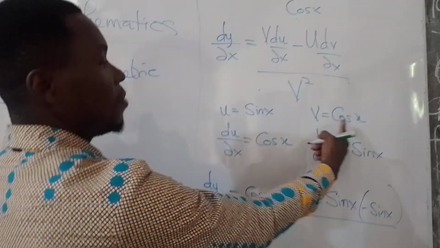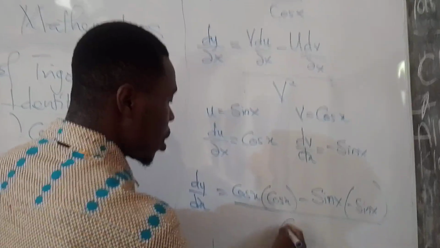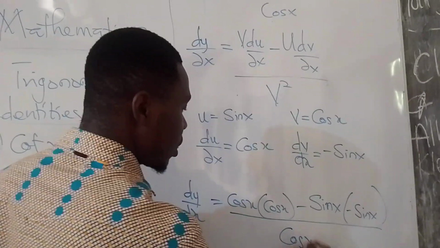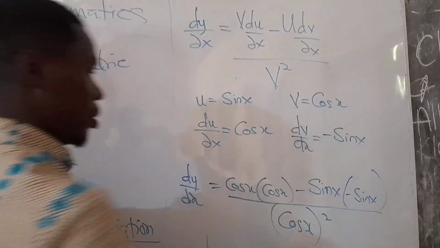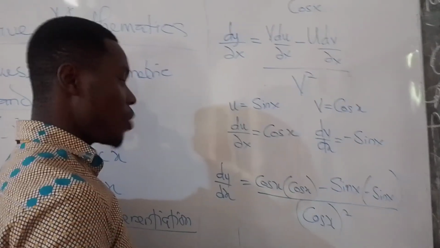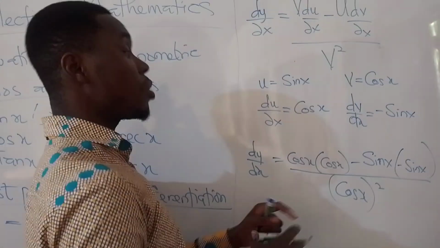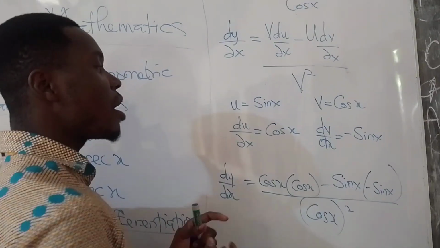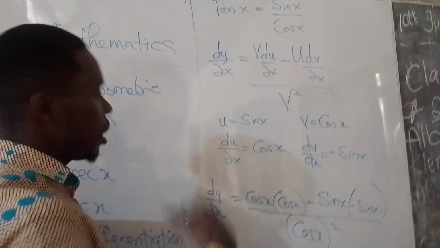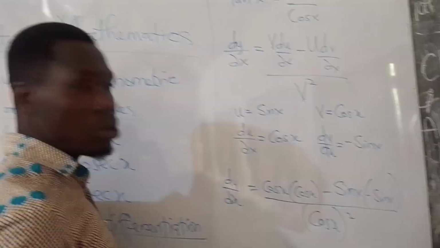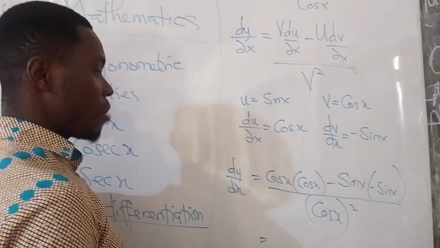V is cos x, so we have cos x all squared. I hope you are getting the point. Very easy. If you are finding it difficult, kindly pause the video, go over it again, reduce the speed, and play it over and over. You'll be able to understand everything we are doing here.